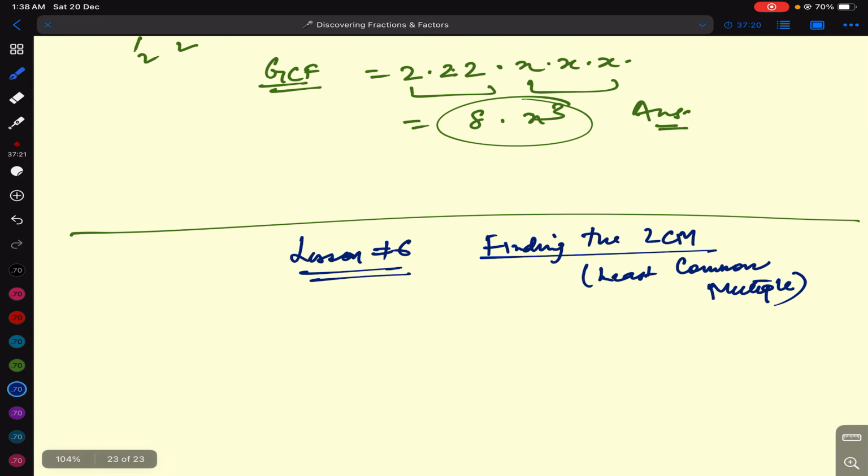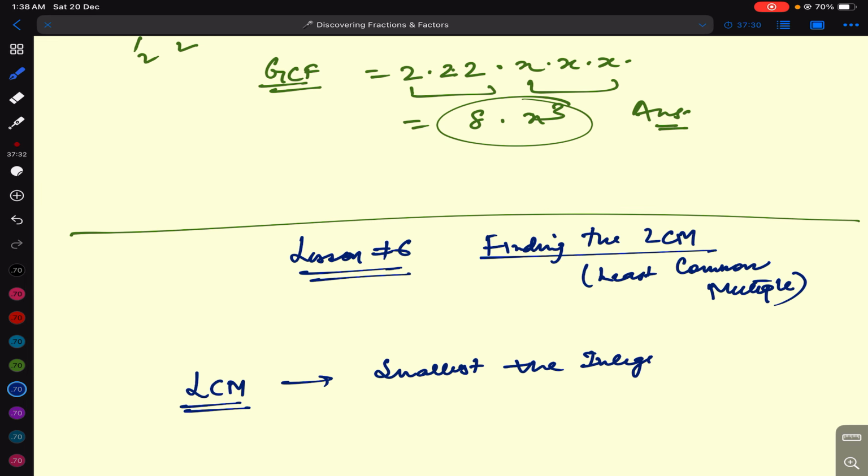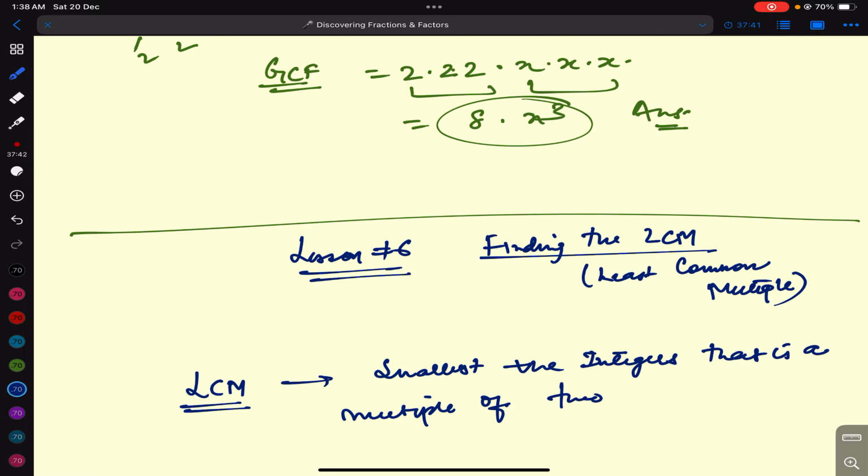Now when we talk about LCM, which is your least common multiple, this is the smallest positive integer that is a multiple of two integers x and y.